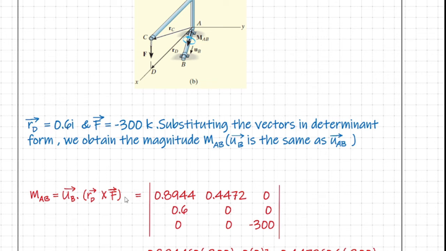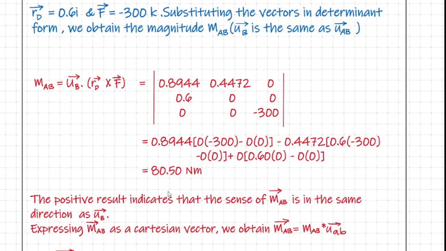And vector F has only a k coefficient, so 0, 0, minus 300. So we find that the magnitude of the moment calculated about the axis AB due to the applied force F is equal to 80.5 Newton meter. It is a scalar product, which has provided us the magnitude of the moment.